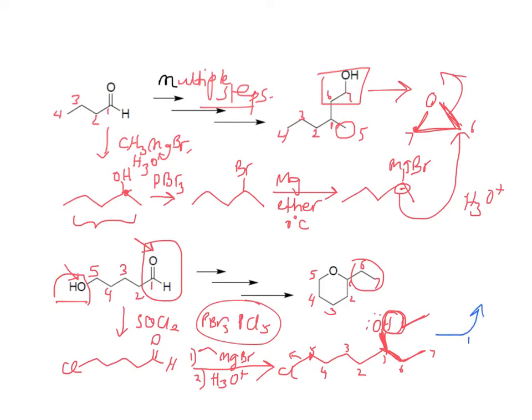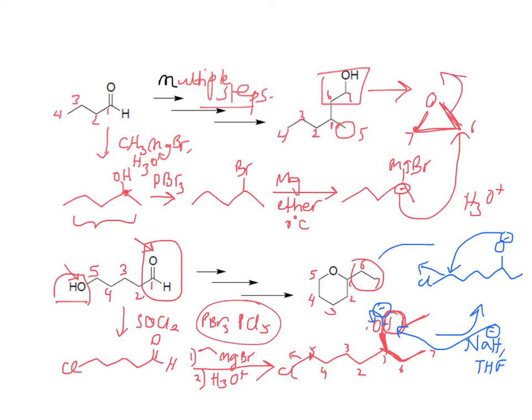How about treating this with sodium hydride? Sodium hydride is a base that's going to get rid of the acidic proton and generate the alkoxide. Let's just show that. It picks up the proton, electrons move onto oxygen. So you actually end up getting O with a negative and a Cl. And that's going to attack the primary carbon to generate the six-membered ring that we desire.